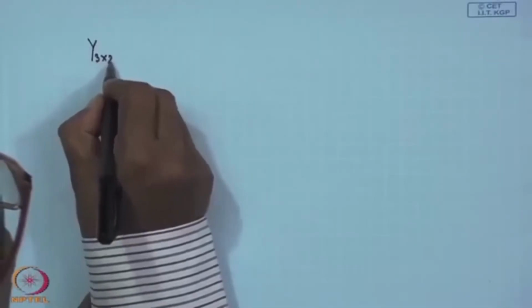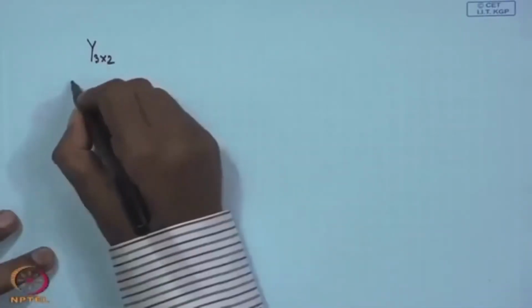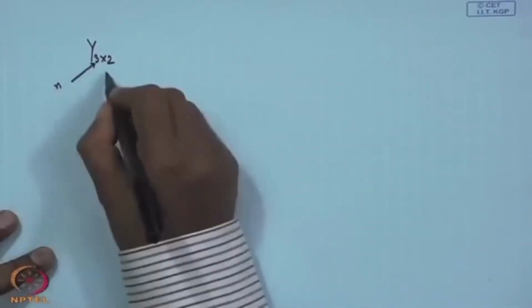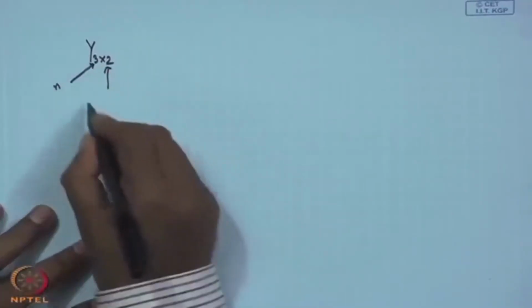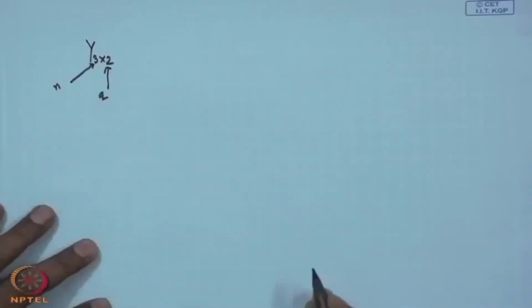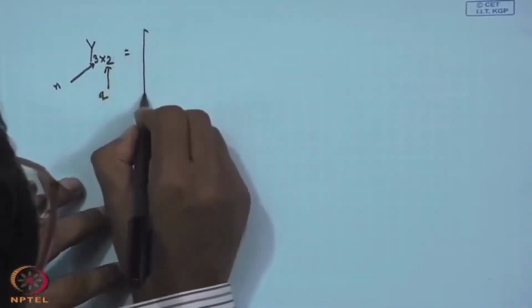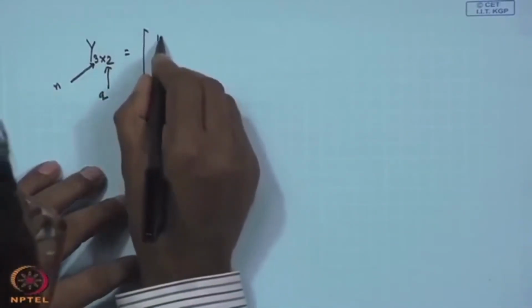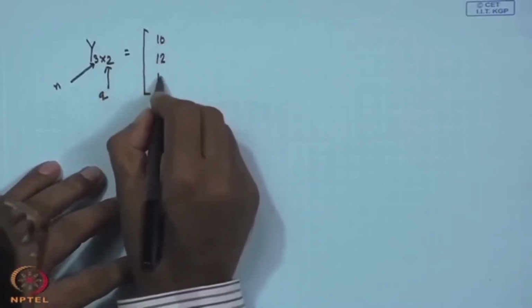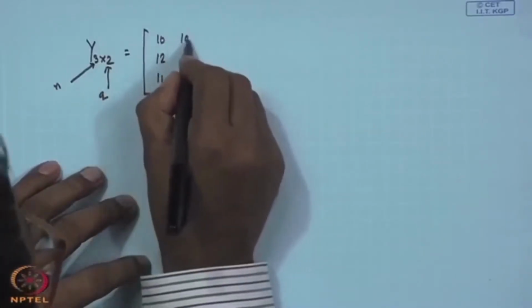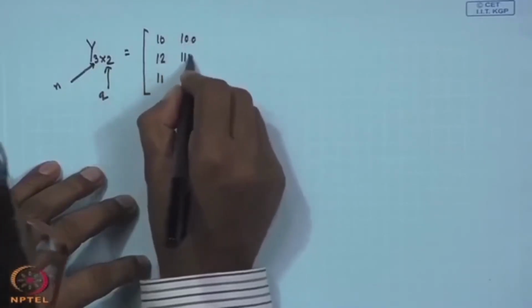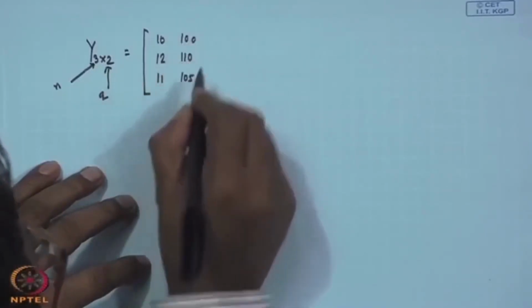So let us take a very simple small example where Y is 3 cross 2, that means n is 3 observations, and q is 2. On the 2 dependent variables, the values are 10, 12, 11, and 100, 110, 105.